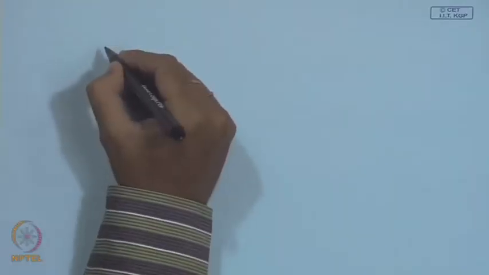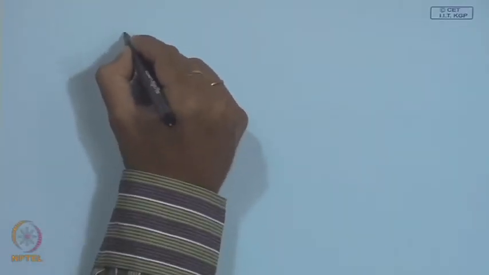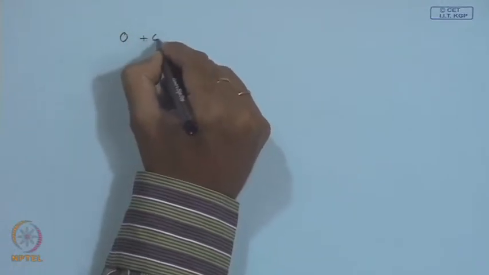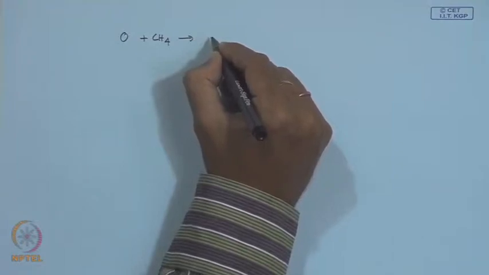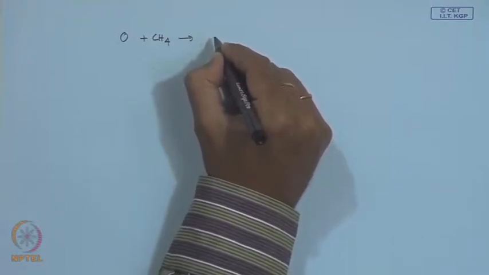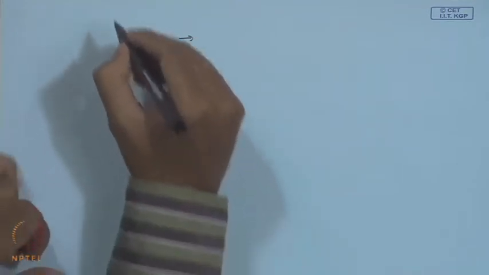Next, look into this reaction, say O plus CH4, that is the insertion reaction. So, ion molecule reactions often do not have barriers. So, reaction without a barrier.